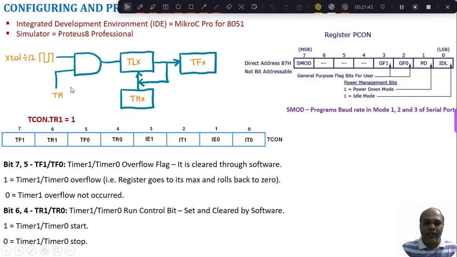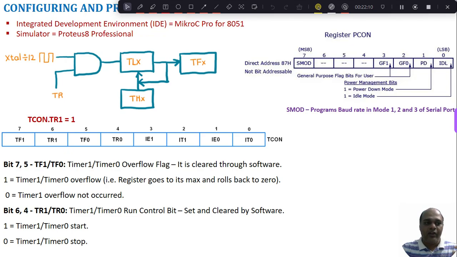So if the timer is on, this crystal frequency will be used for incrementing the timer low register content. Once it overflows, the timer flag will be activated. Once the timer flag is activated, again we reload the value from timer high register to timer low register. So this is called auto reload mode.